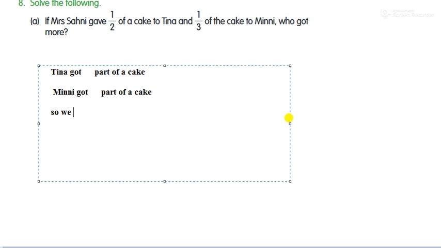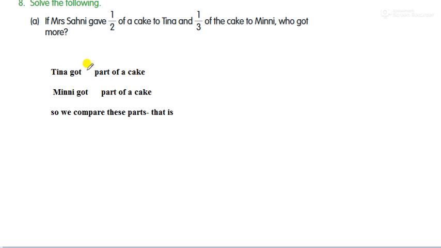So we compare this part, that is 1/2 and 1/3. Here Tina got 1/2 and Muni got 1/3. So compare 1/2 and 1/3.